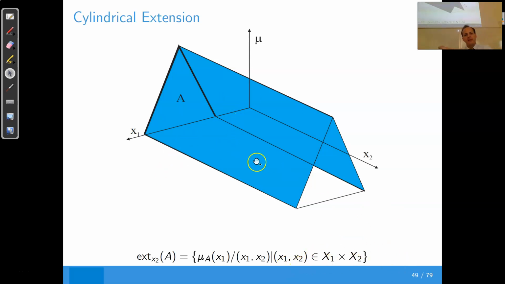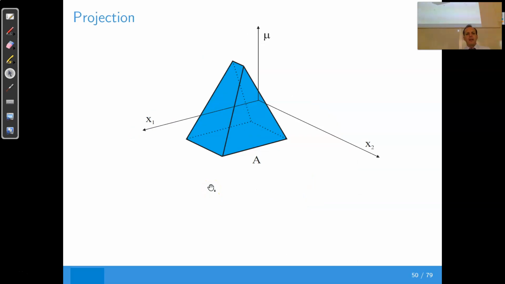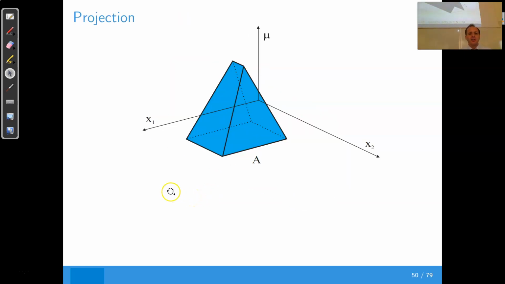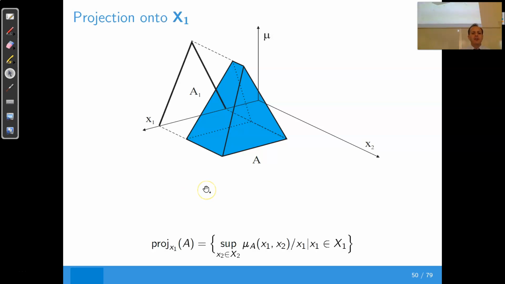So this is the definition. We can come to the concept of projection, which is related to the extension, because if you start with your two-dimensional membership function, you can perform a projection.